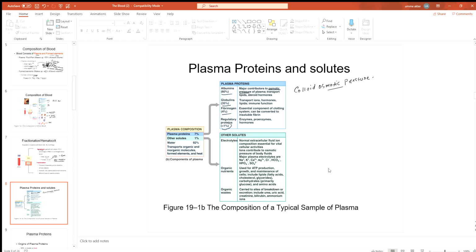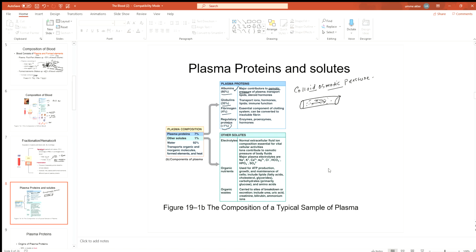What is that? Why do you need that? This is your blood vessel, for example your artery, and blood flows through the artery this way, right? And this pressure given by the albumins tries to keep the blood towards the center.